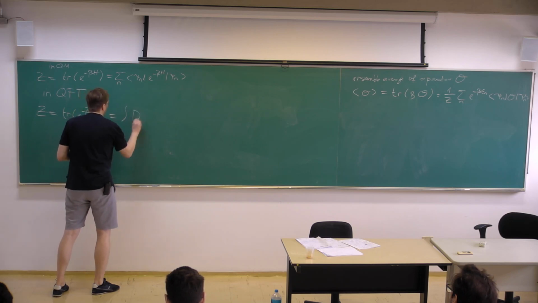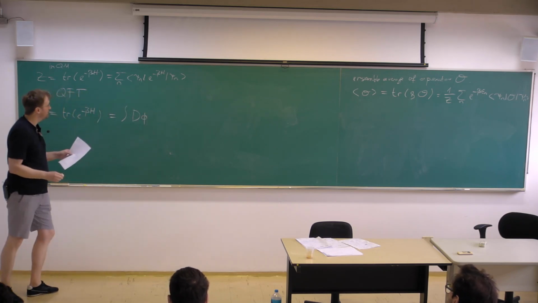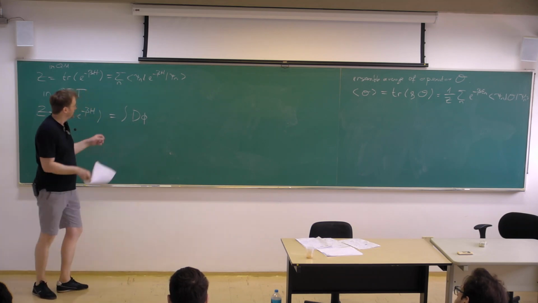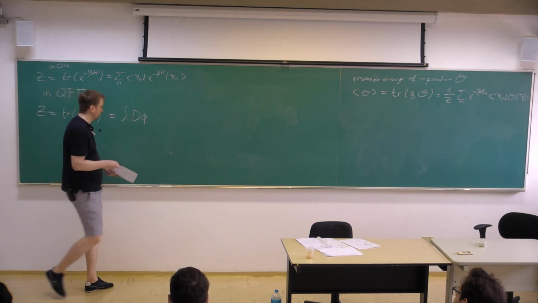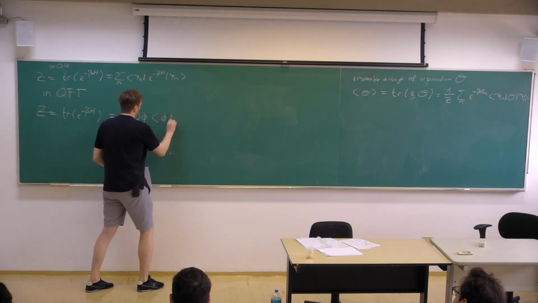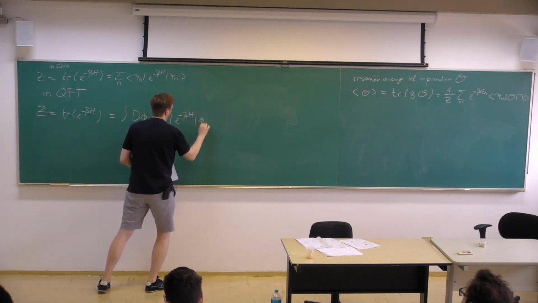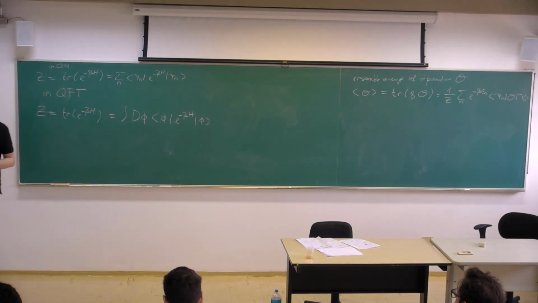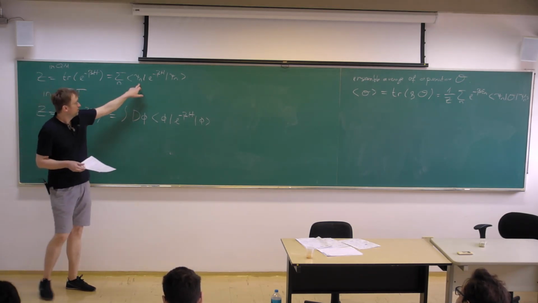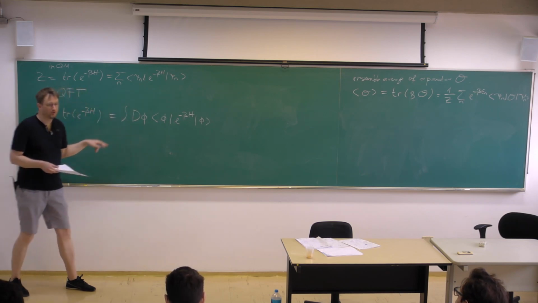But now, since I have a continuum of states, I have an integral over all different states. So it's just a natural generalization from a discrete set of states to a continuum of states.